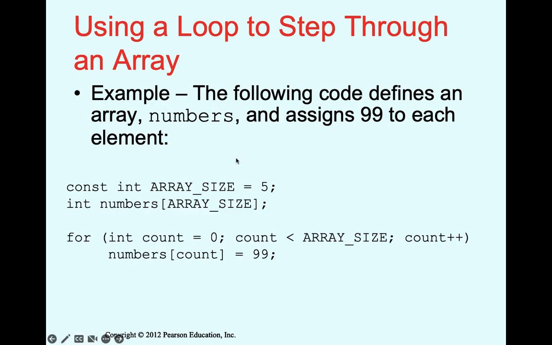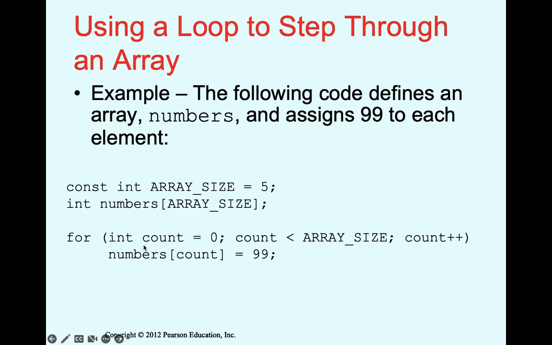We can use a loop to go through all the array. Let's define the size of the array to be 5. We define an array named numbers, of type integer, with 5 elements. We can use a loop to assign values to the elements of the array: int count equal to 0, count less than array size, count plus plus.